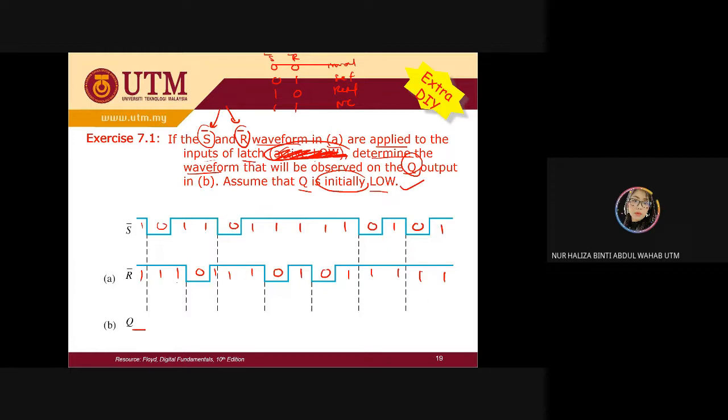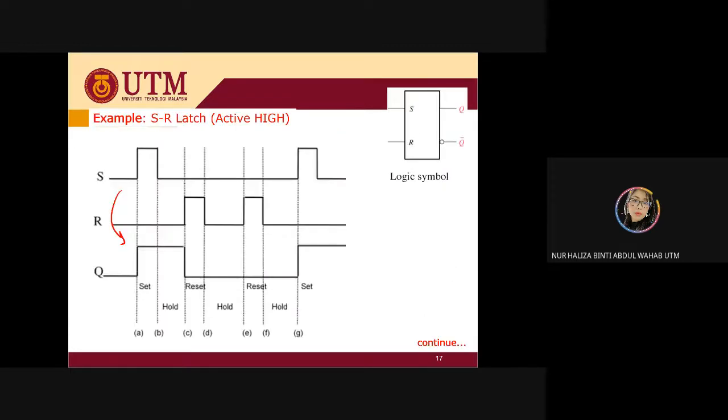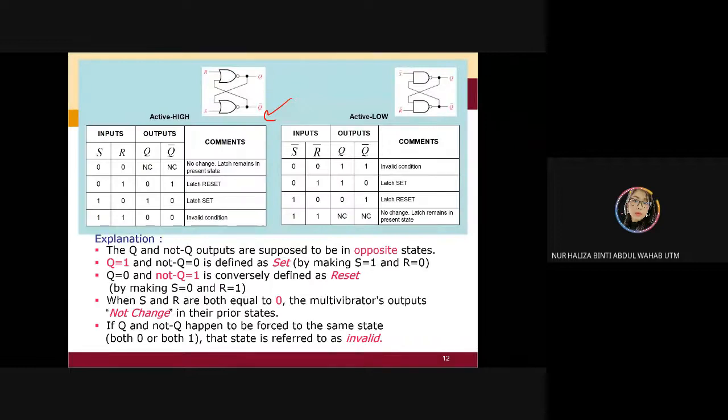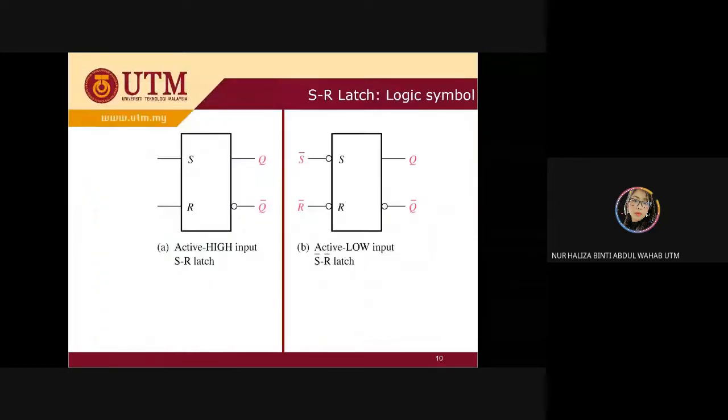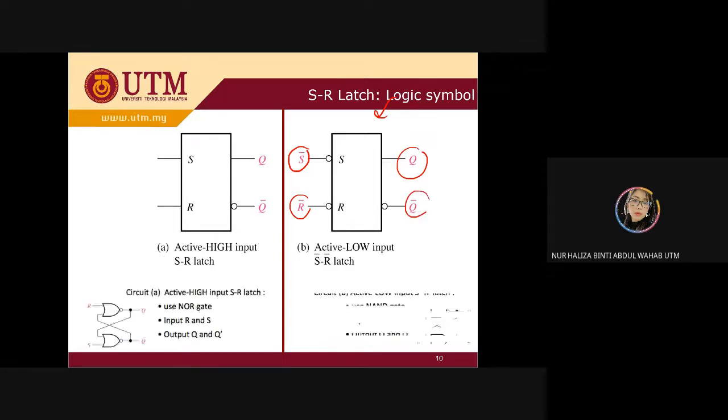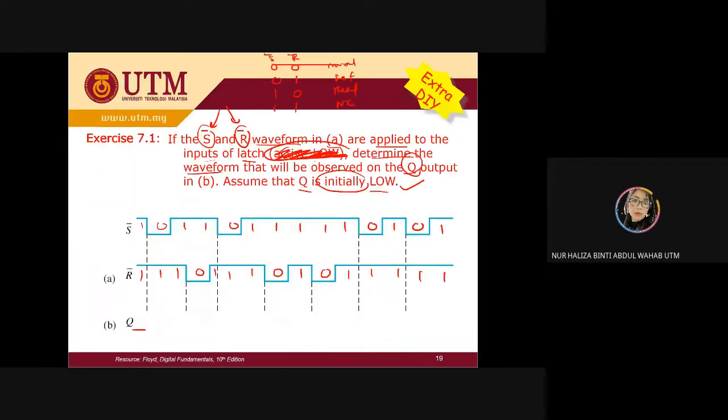Okay, now from here, you need to remember how it looks. This is your active low, and in terms of logic symbols it looks like this. So you have S bar, R bar, and you're going to have the Q and Q bar. Let's see what we're going to generate for our output.